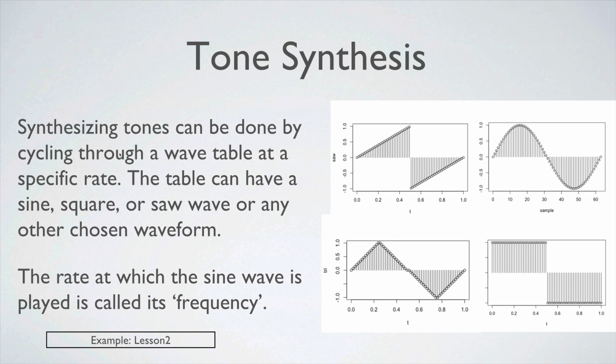We can also synthesize tones by cycling through a wavetable at a specific rate. So a wavetable is basically a stored pattern like this. This is wavetables of 64 values, but wavetables often have more like 512 or 4096 numbers that just represent one cycle through a pattern.